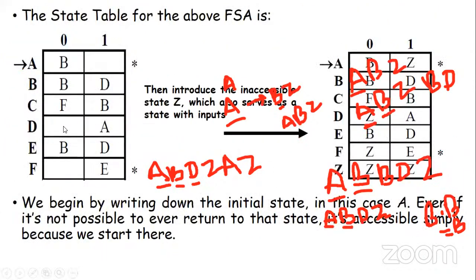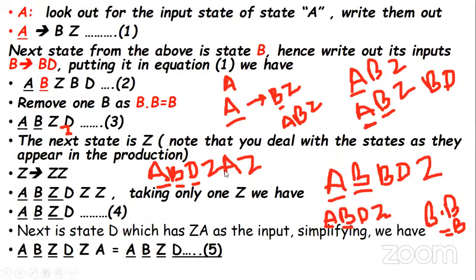Now, look at this table here. This is D. So ZA, the Z we were dealing with before, you put Z here, then A. So that's where we came about the value of D being Z and A. So coming back here, this is where we are.